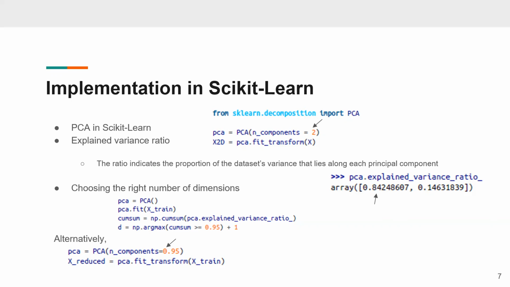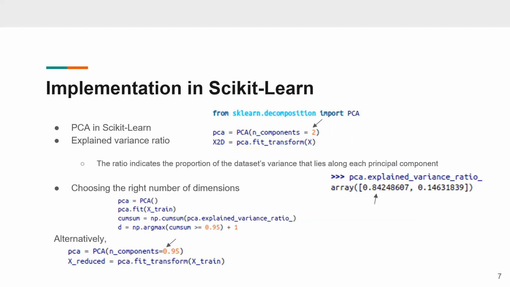One thing you should be aware of: as we mentioned, there is a variance or variability of the original data that we want to preserve in a PCA approach. So we want to introduce something called the explained variance ratio. The ratio indicates the proportion of the data set's variance that lies along each principal component.